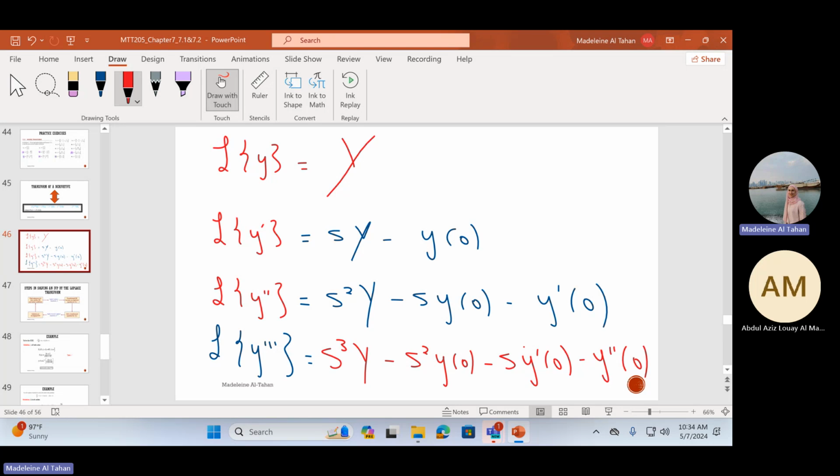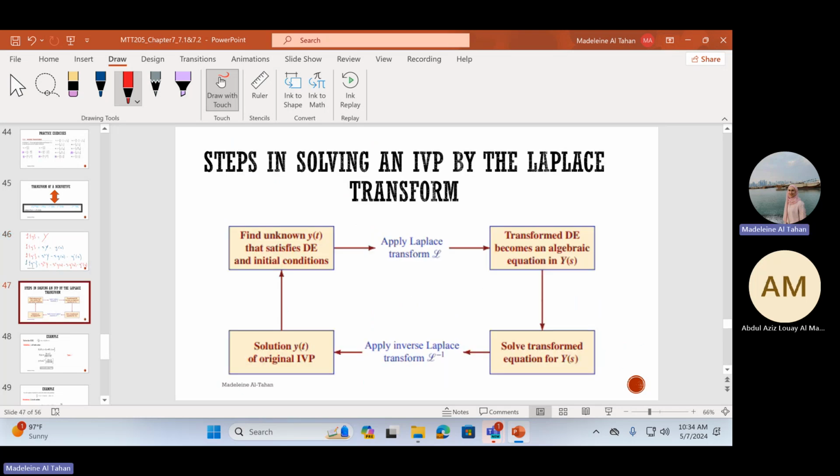We get a variable, capital Y, and S, so we will get just an equation in Y and S. If I tell you 3 capital Y equals 1 over S, can we find capital Y? So the next step, find Y in terms of S.